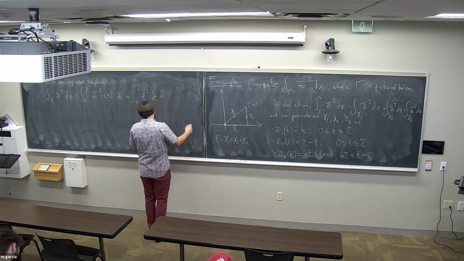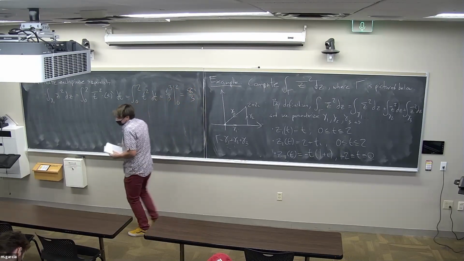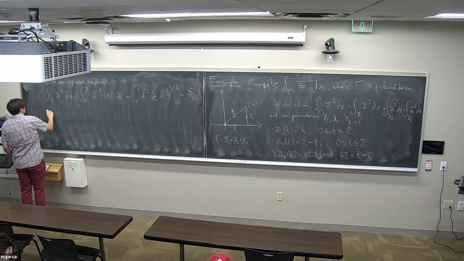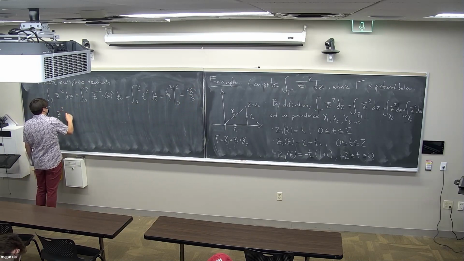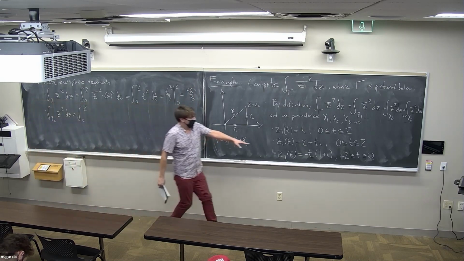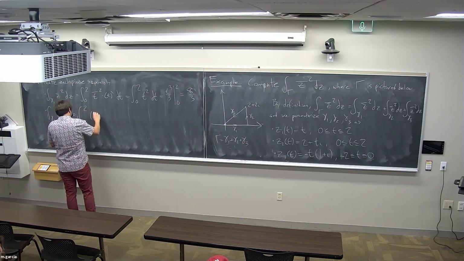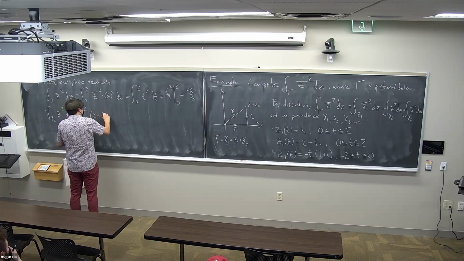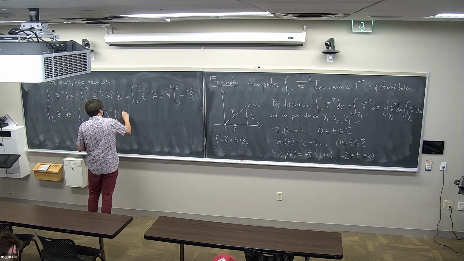Okay, and it's just 8/3. So the integral along gamma 2 of z bar squared dz is the integral again from 0 to 2, just looking at our domain of parameterization for gamma 2 that we happen to choose, of the conjugate of 2 plus ti, squared, times the derivative of 2 plus ti, dt.